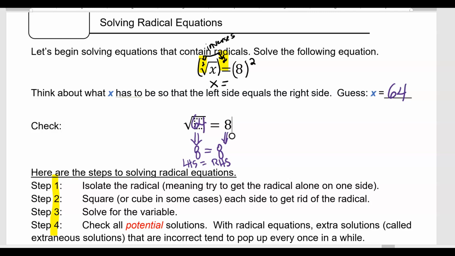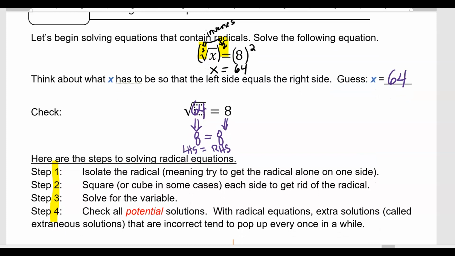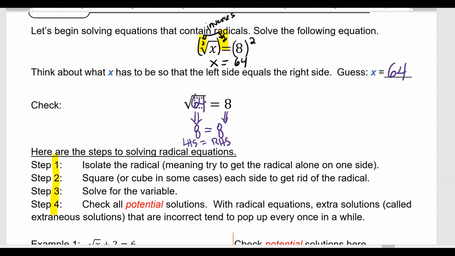And on the right side, of course, 8 squared equals 64. So these are the steps you use to get to that 64 when you can't just guess the answer. And then you're going to solve for the variable. In this case, we didn't have to because x is already on one side.